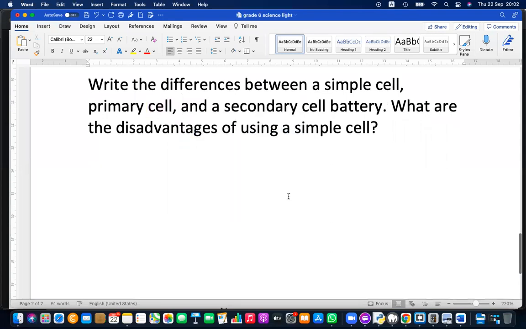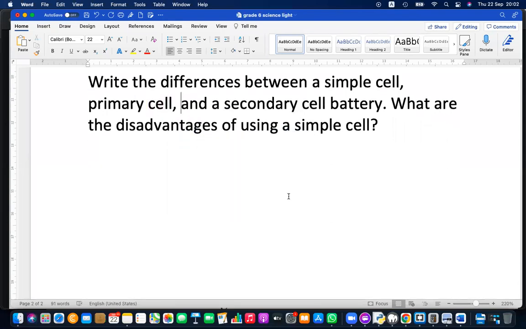Okay, let me first explain. First of all, you write down this. Then I'll explain the simple cell, secondary cell and primary cell. After that, you can write.